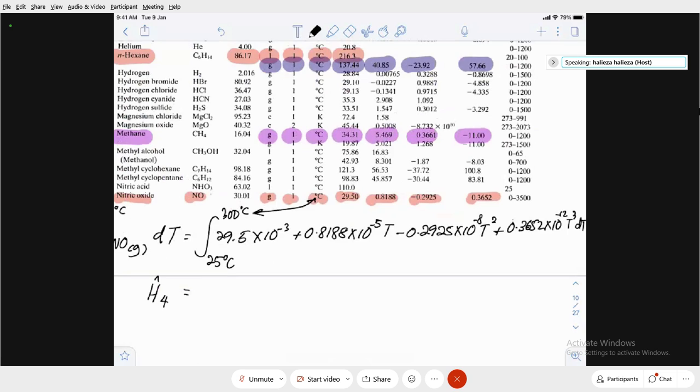I will do also the calculation. 9.5 times 0.81 to the power of negative 5 minus 0.2925 to the power of negative 8. Oh, I forgot the x.